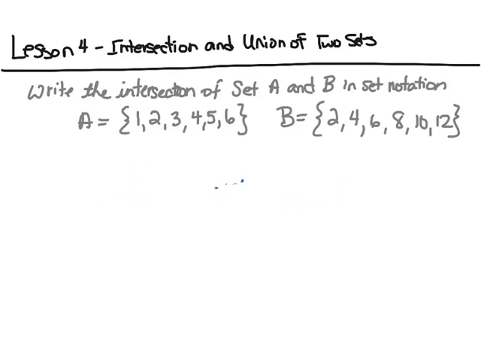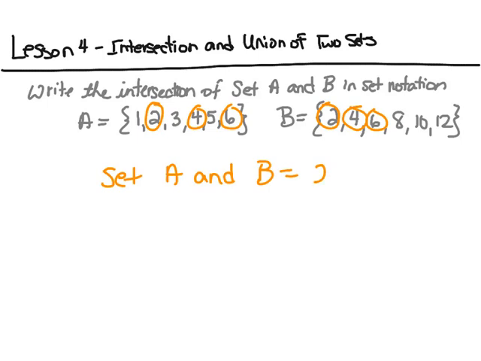So example 1, we want to write the intersection of set A and B in set notation. So what we're looking for is the numbers that are in both set A and B. So we have a 2 in both sets, we have a 4 in both sets, and a 6 in both sets. So set A and B, we have the numbers 2, 4, and 6.